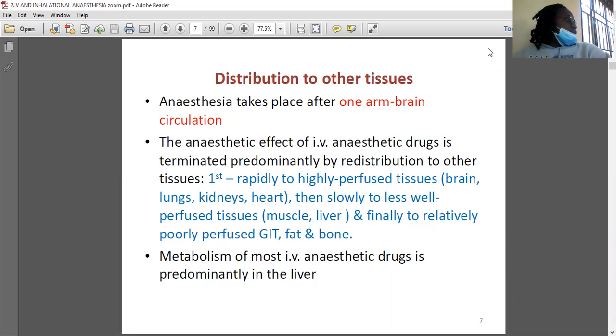This one I explained. Firstly, the drug will move to highly perfused tissues, then it will move to less perfused tissues. It will be redistributed and therefore metabolized in those tissues, and then its effects will run out. Metabolism of most IV anesthetic drugs is predominantly in the liver.